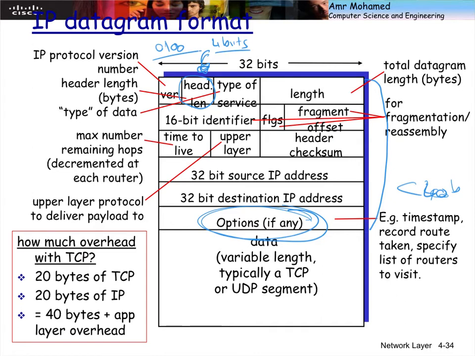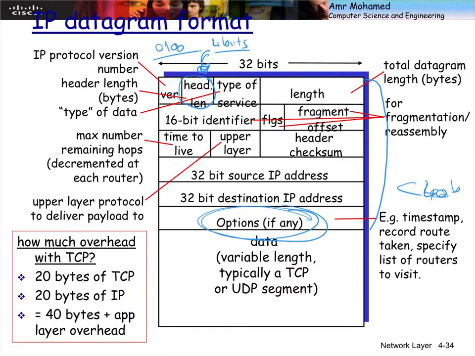So that's the main reason that the IP header is actually organized as 4 byte words. Each of these rows is actually 4 bytes. Okay, this is 4 byte words, and the length here actually reports the number of rows, the number of 4 byte words.